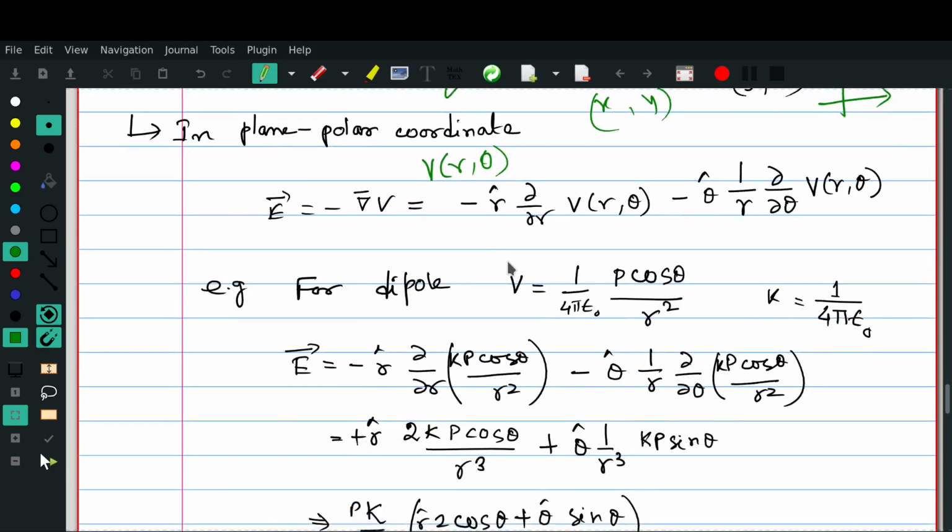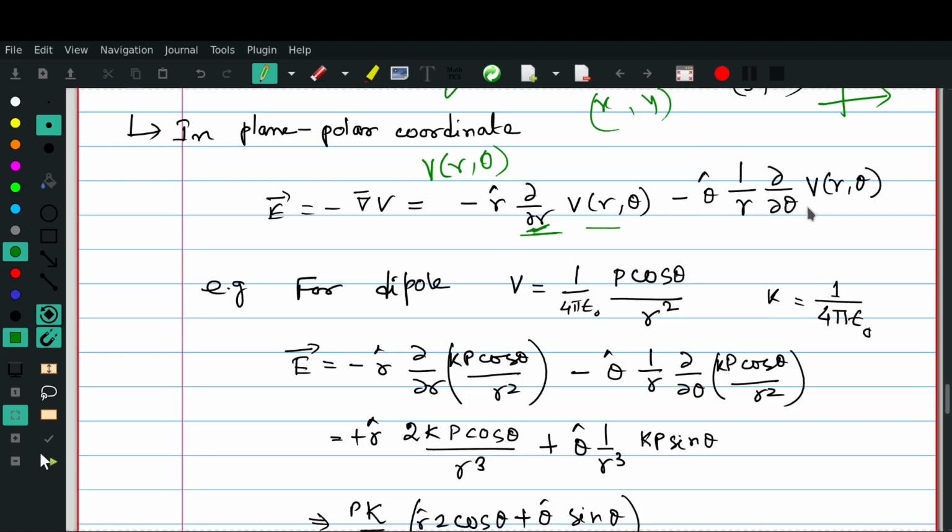How would you do this? Just pay a little attention here. The first component: we take a derivative with respect to r, del r, and the direction is given by r hat.